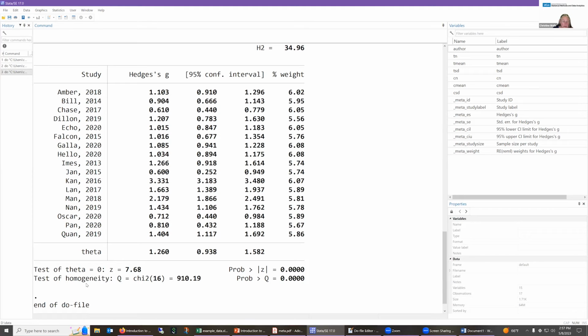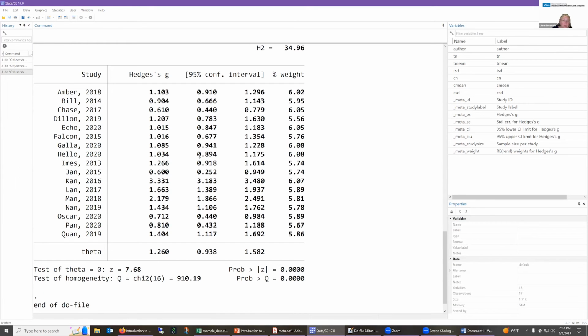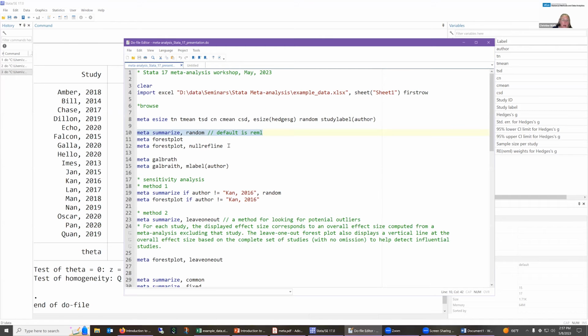Here's your test of homogeneity. Remember, I said Q was called a test of homogeneity. And obviously this is statistically significant, so we reject the idea of homogeneity. We say there's heterogeneity, which is extremely consistent with these values up here. So that's what you get when you do this.